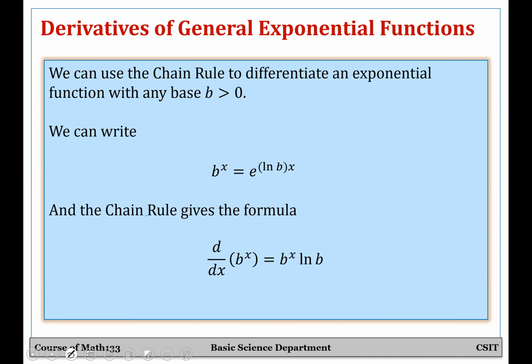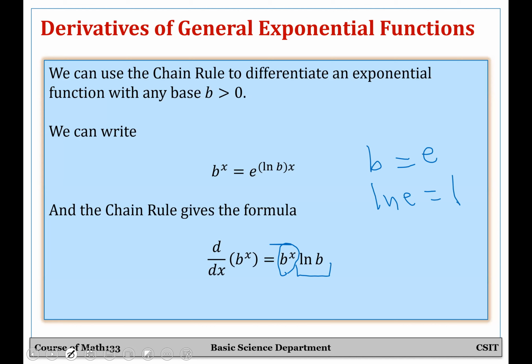Finally, we will end with the derivative of the general exponential function. That means the base is not e, it's any other positive number b. So the derivative of b to the x is equal to the same function b to the x, but multiplied by ln b. In particular, when b is equal to e, you will find that ln e is equal to 1.